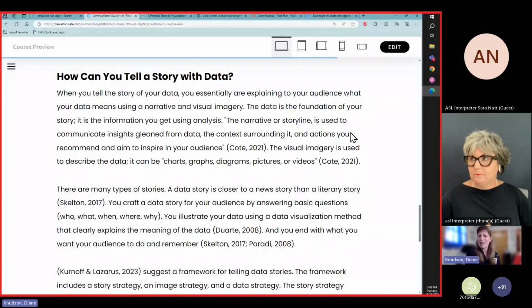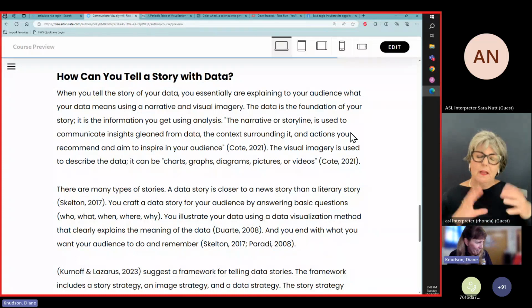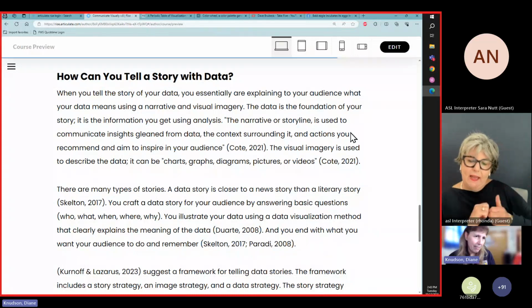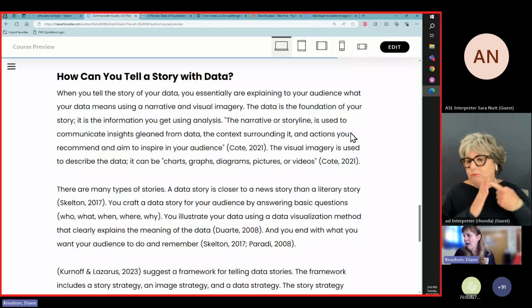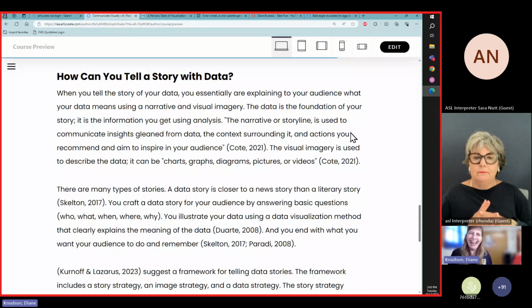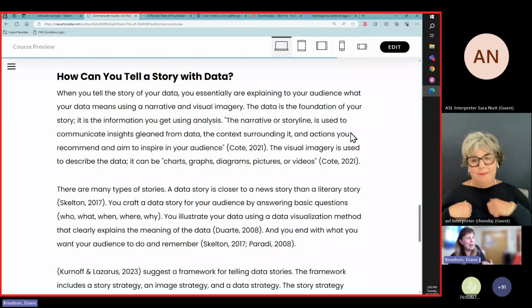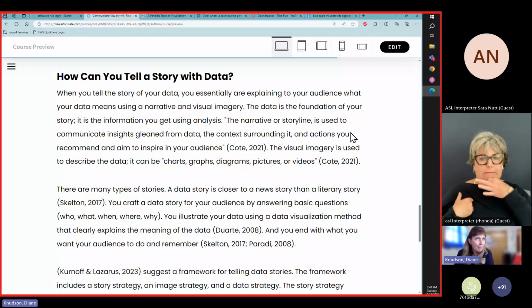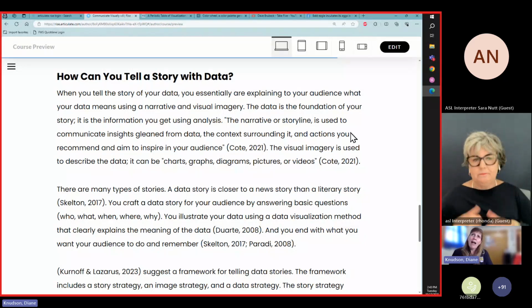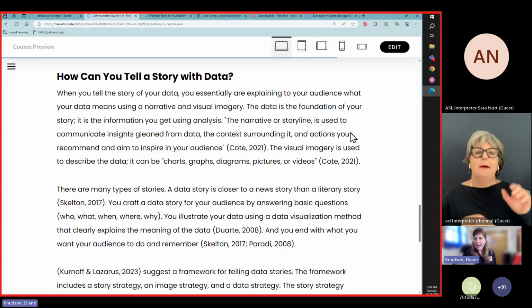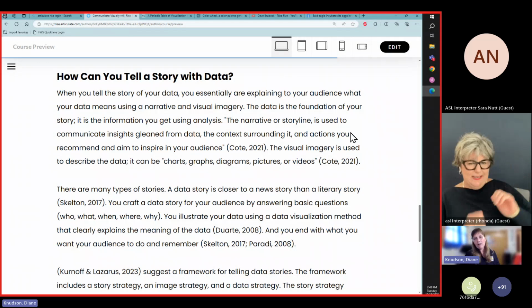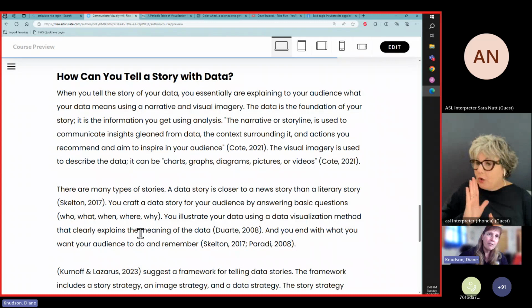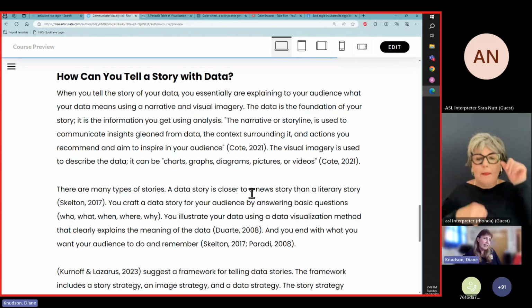So how do you tell a story with data? As I think I mentioned early before we officially got started, I don't do numbers really well. I love words, I love pictures, but I am math phobic and numerically challenged. So when I first started talking to Aisha about this presentation, it was hard for me to imagine how you could tell a story with data until I found an article by a gentleman by the name of Chad Skelton.